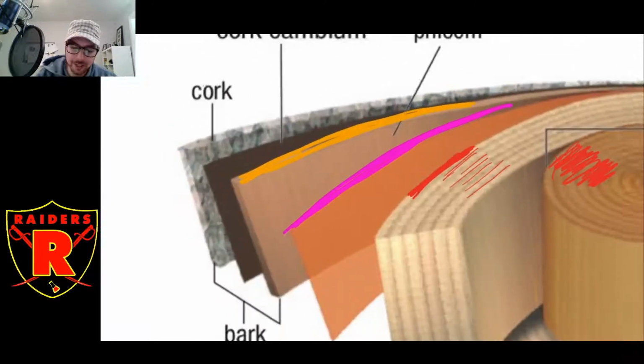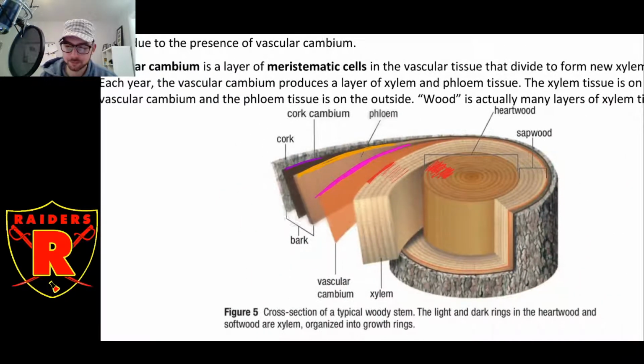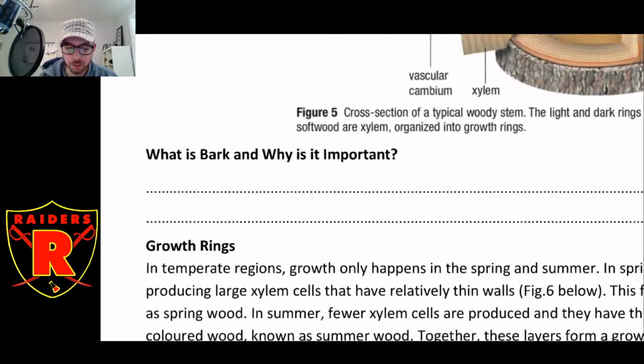And then on the very edge of that, you've got cork cambium. Cork cambium is just what produces the bark. And then beyond that, you have the actual cork, the bark itself, which is on the outside, and it serves as protection for the tree. So why is bark important?